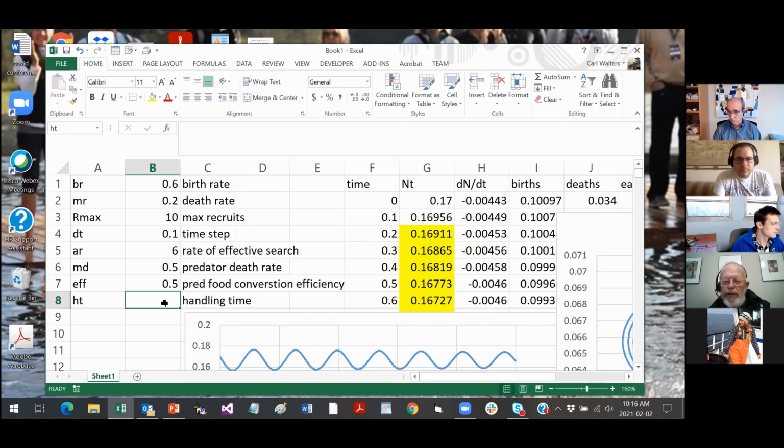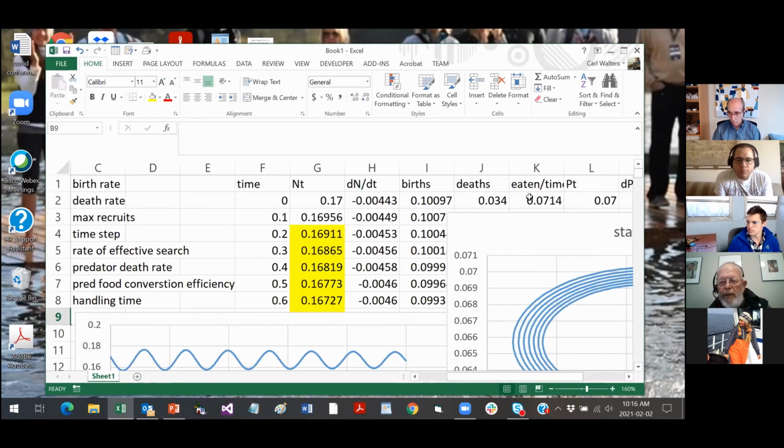This is going to cause the food consumption rate per predator to reach an upper limit, where the limitation is because of the time spent processing or handling each prey that the predators eat. I'm going to set that to a fairly large value to really crank a limit onto the predators.